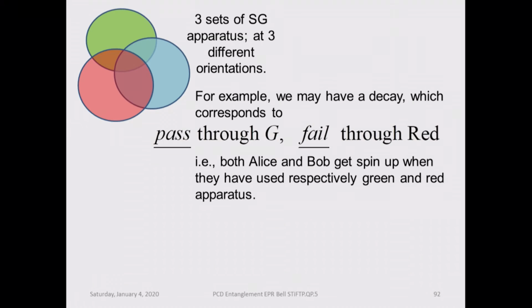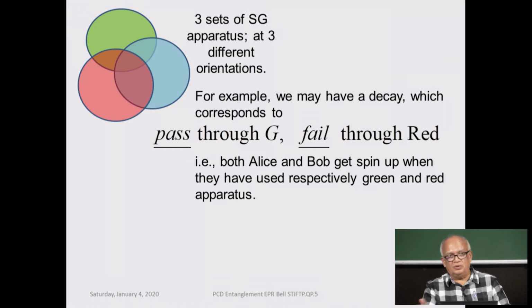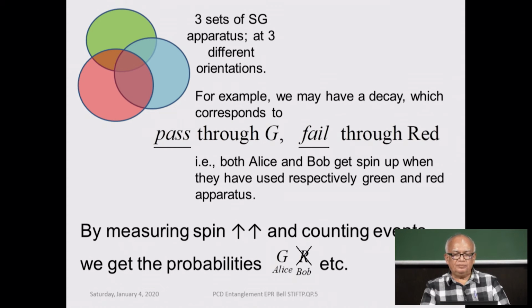And we may have a decay, and it may result in a pass through green and a fail through red. Okay? So, now we know what we are talking about, we have defined these terms, what is pass and what is fail. Both Alice and Bob may get spin up when they have used respectively green and red apparatus. If that happens, then it will be recorded as pass through green and a fail through red. So, that is the bookkeeping that we are using.